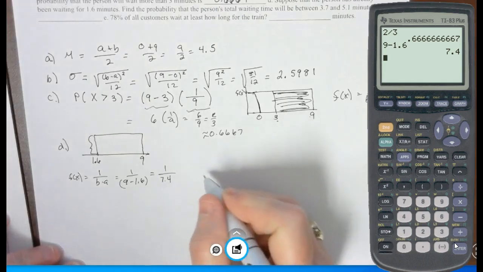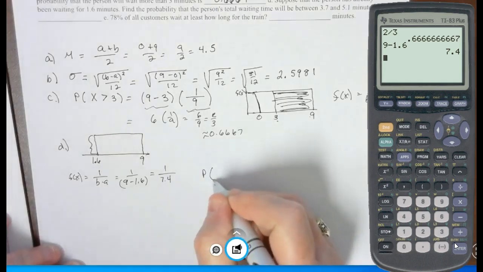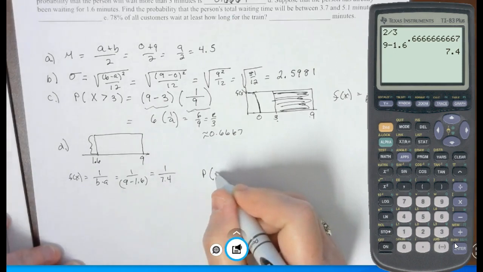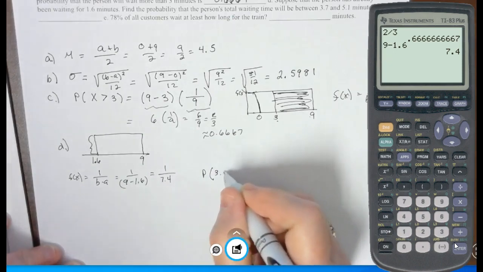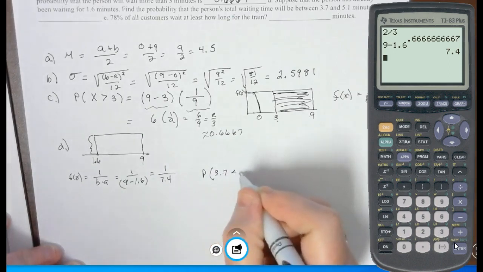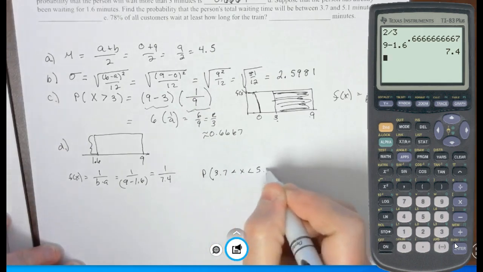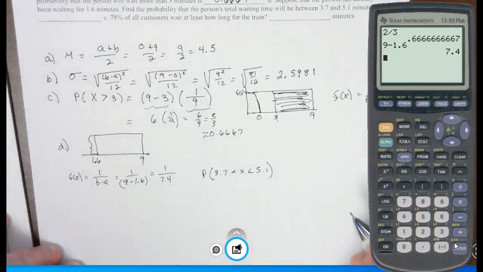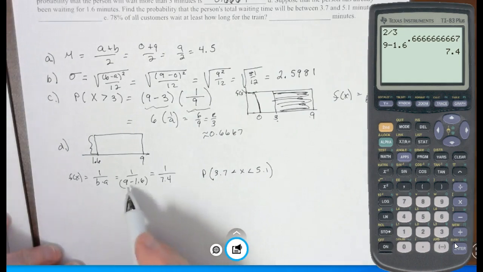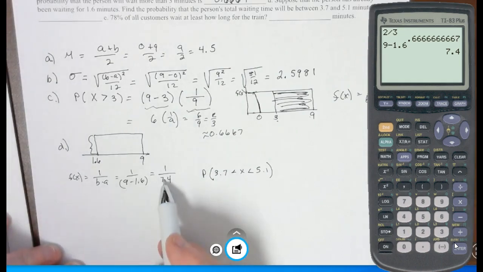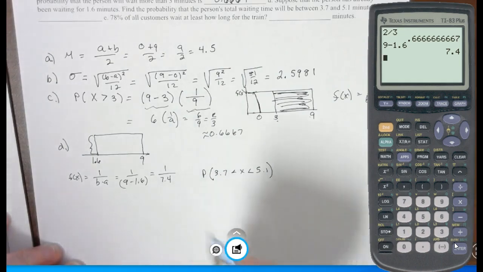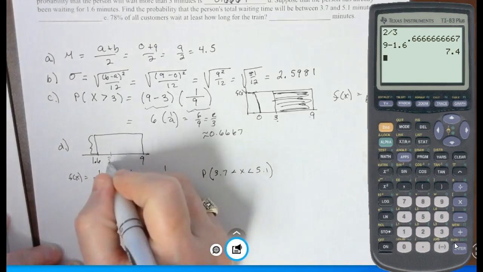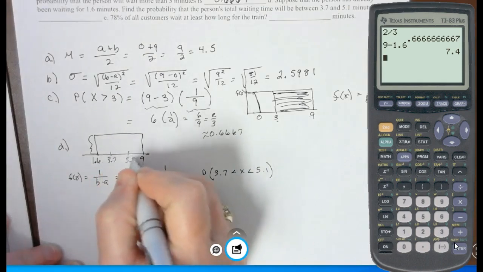Now, the question wants us to find the probability that the waiting time will be between 3.7 and 5.1. So we're looking for this probability, and we're going to use this as my height, and then 3.7 and 5.1.